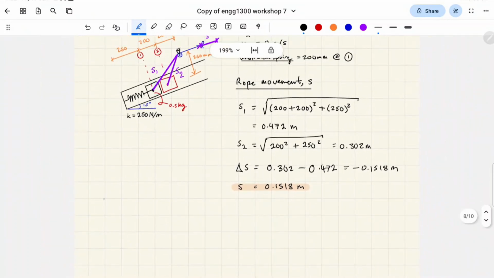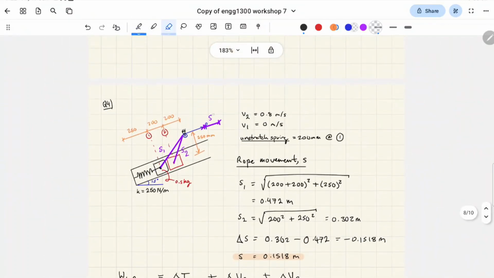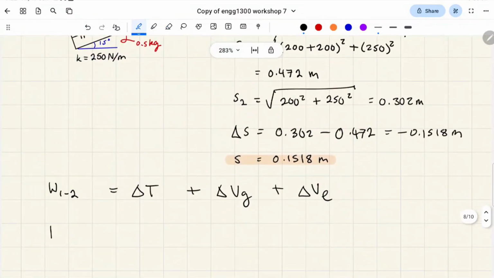Okay. So the work from 1 to 2 is equal to delta T plus delta Vg plus delta Ve, right? In this question, we don't know what P is, we don't know what the force is. So it's going to be P times S. Actually, how much of this should I be skipping?